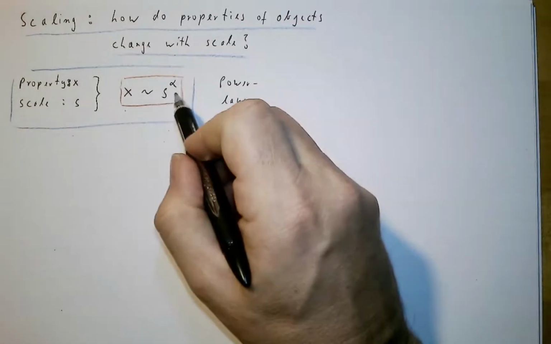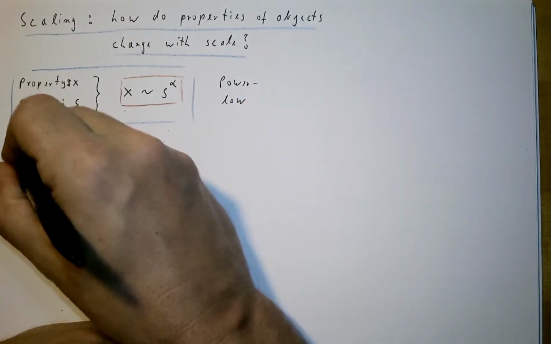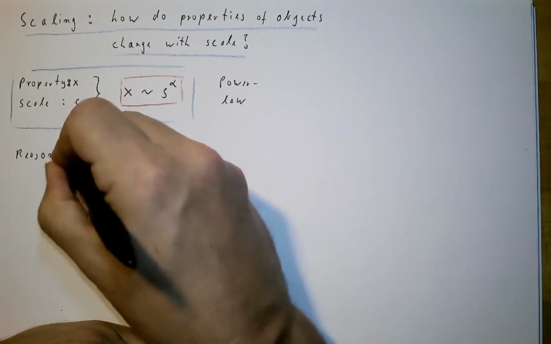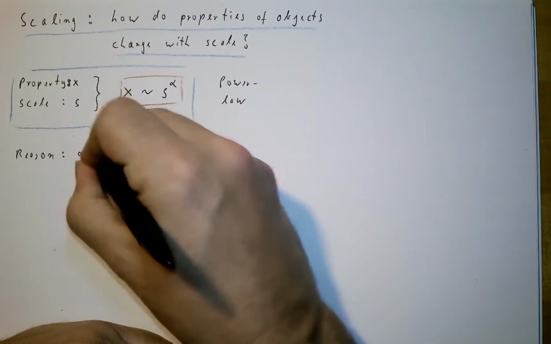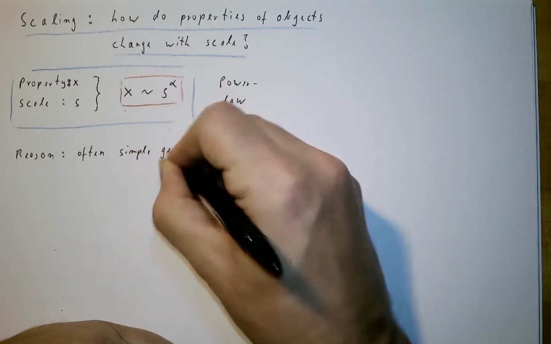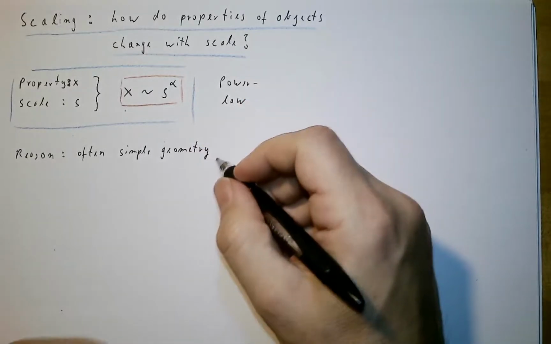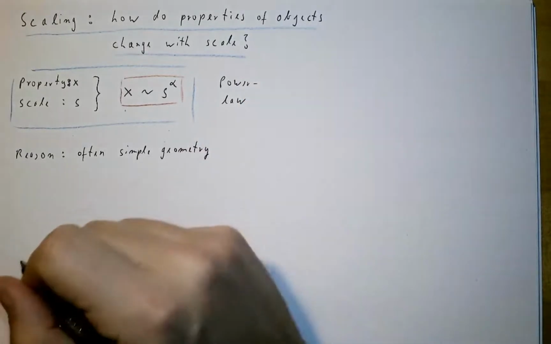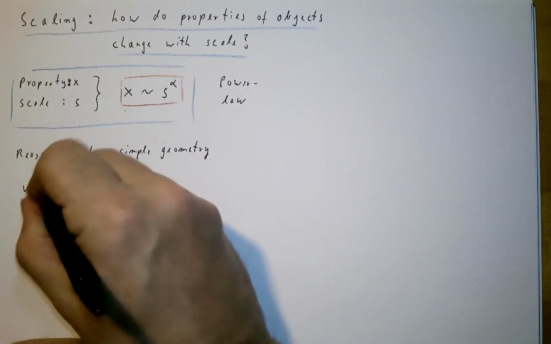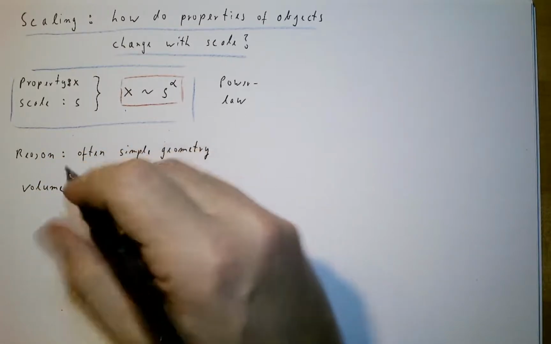So where do these power laws come from? The reason is often just simple geometry. And here I don't mean fractal geometry, I mean more simple geometry. Let's say, what is the volume of an object, a volume of an animal or whatever?